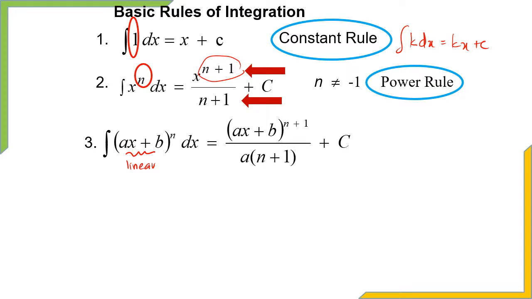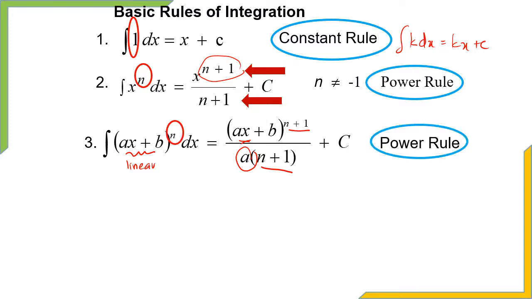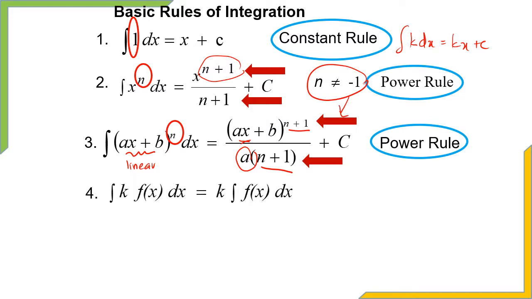Then the integral will be (ax plus b) to the power of n plus 1, divided by n plus 1, and also divided by the coefficient of x inside the bracket. And then don't forget to put plus c. This is also a power rule. This n also cannot be negative 1.